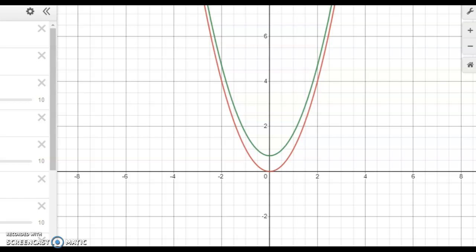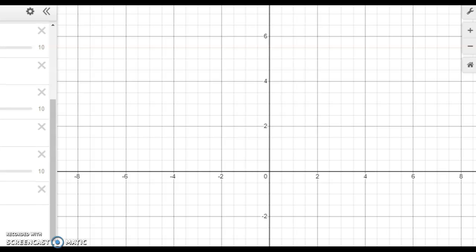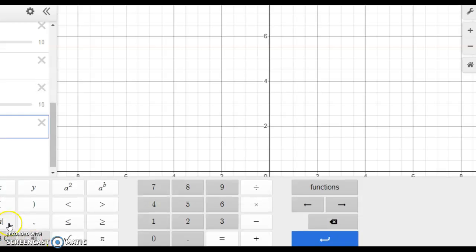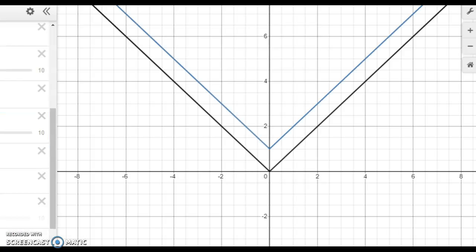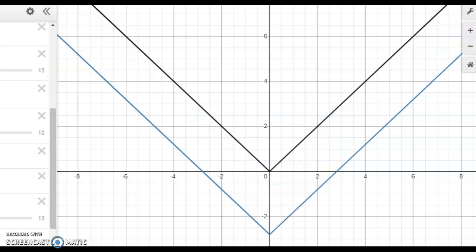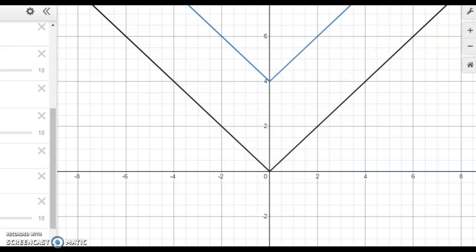Let me show you one with an absolute value real quick, so that you can also see that. If I put just your most basic absolute value on here, and now I try to do it with a translation, as I move it up and down, it literally just moves up and down.